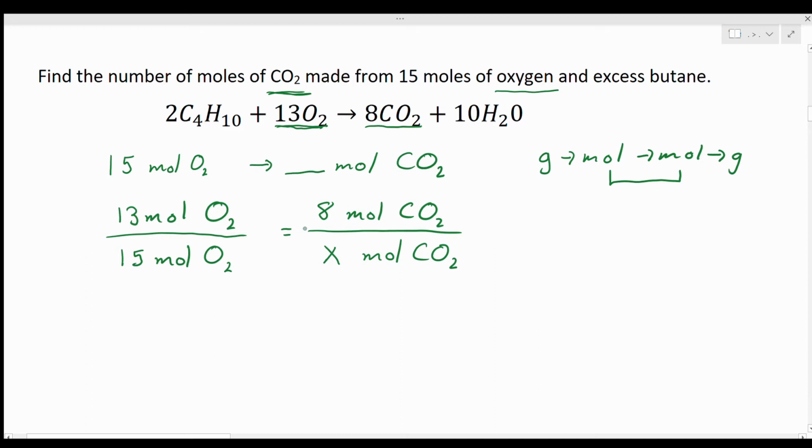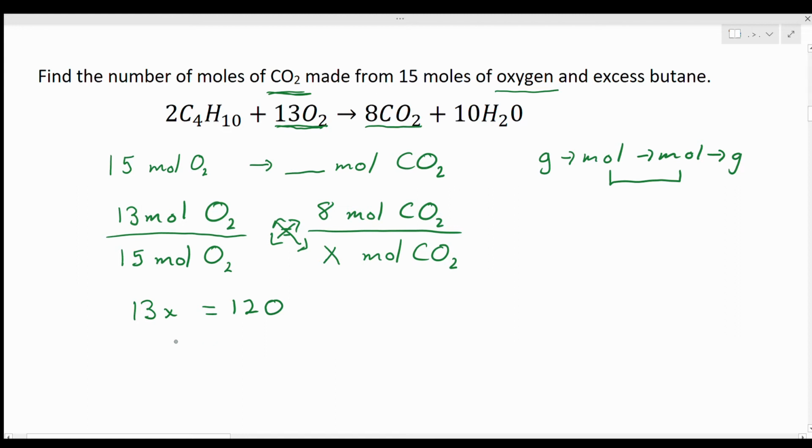Now here is a proportion, so we can cross multiply. 13 times x is going to give us 13x, and that will be equal to 8 times 15, which is 120.